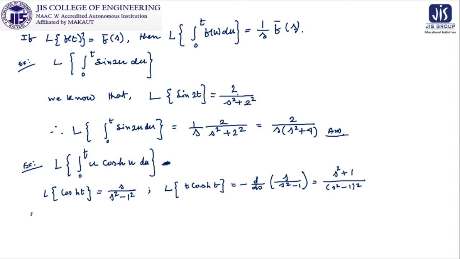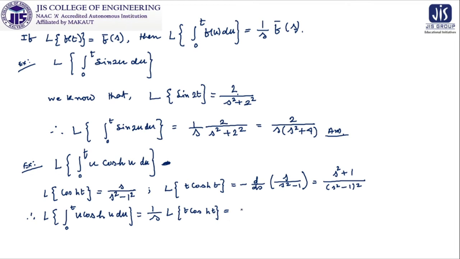Then we apply the formula we have learned in this lecture: the Laplace transform of the integral from 0 to t of u cos hyperbolic u du is simply 1 by s times the Laplace transform of t cos hyperbolic t.